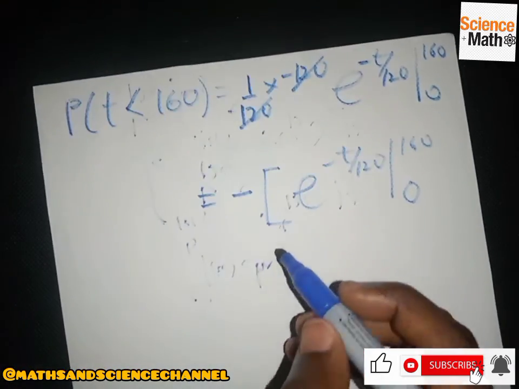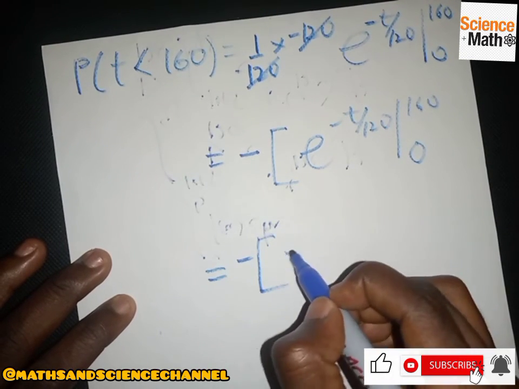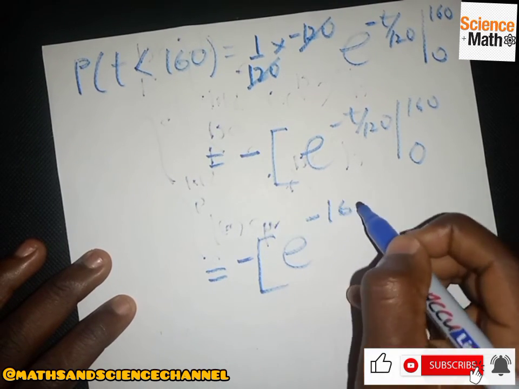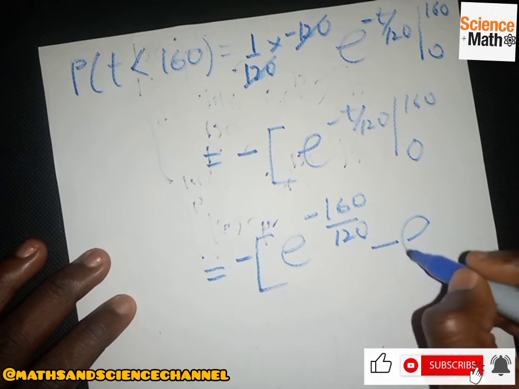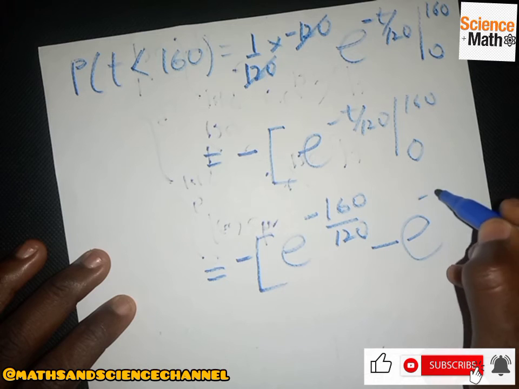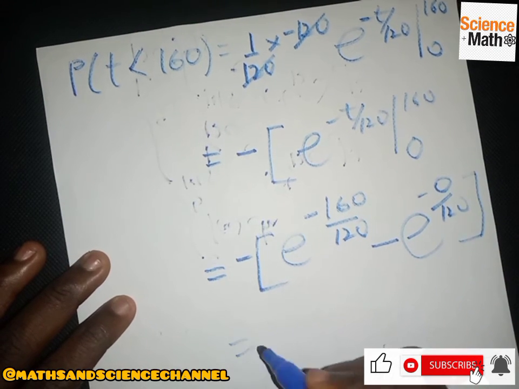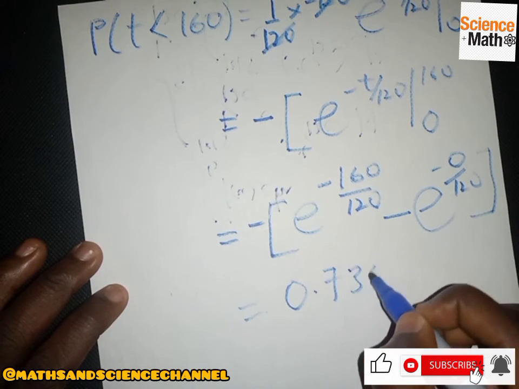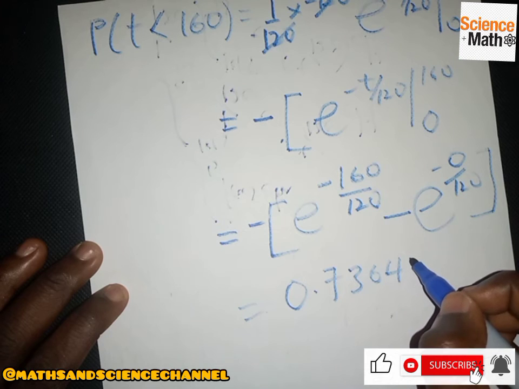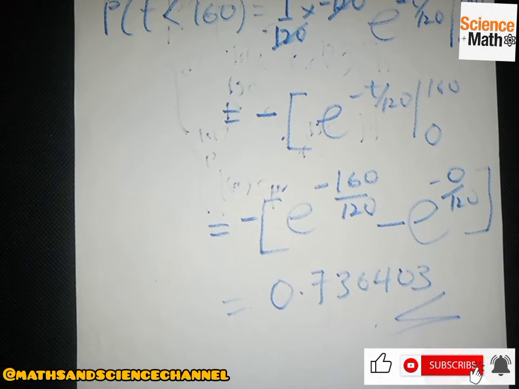From here we have this to be e to the power minus 160 divided by 120, minus e to the power minus 0 over 120. Computing all of that, we should get 0.736403, and that will be the answer for t less than 160.